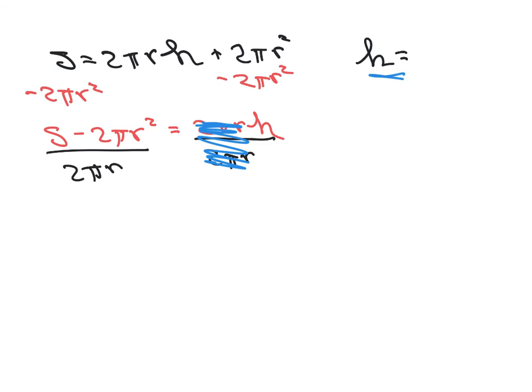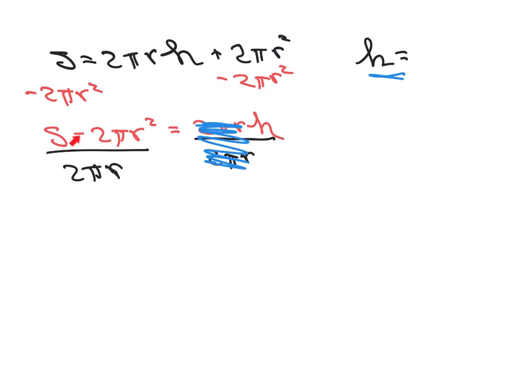But one thing I do want to bring up, a lot of students will look and say, oh, we have a 2 and a 2, a pi and a pi, and an r and an r. I can cancel a bunch of this. You cannot cancel anything in the numerator with anything in the denominator if there is a plus or minus sign before or after them.